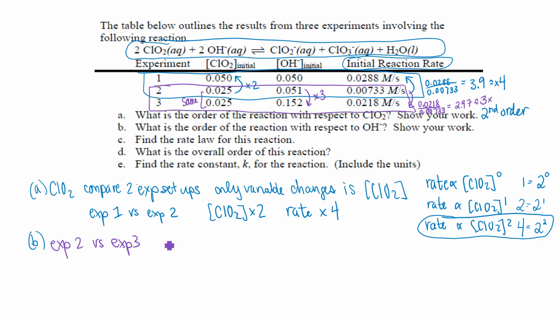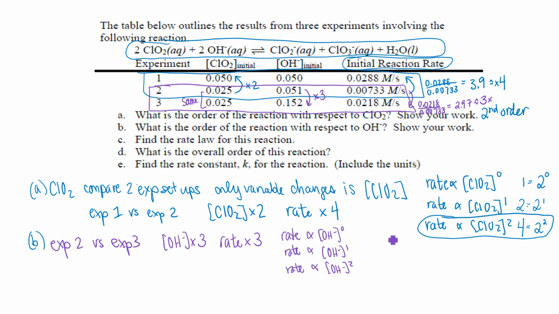So when I triple the concentration of hydroxide, the rate triples. Again, let's think through our scenarios here. The reaction order for hydroxide is either 0th order, first order, or second order.